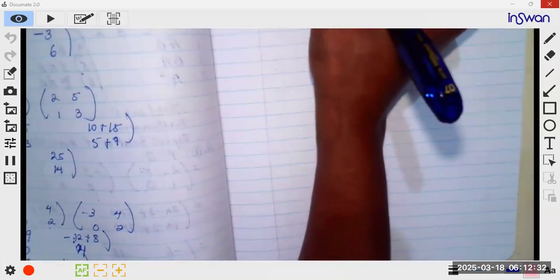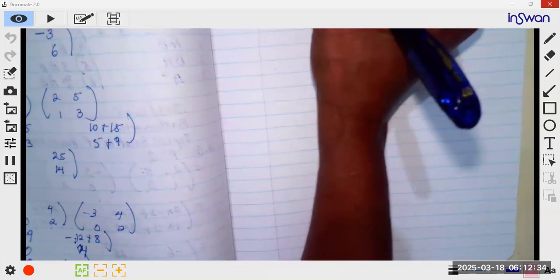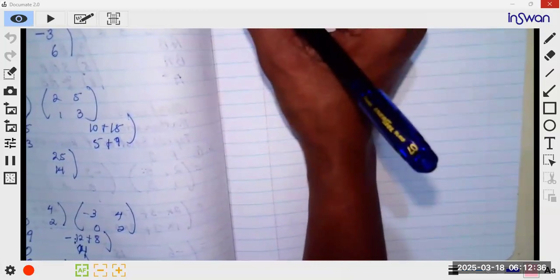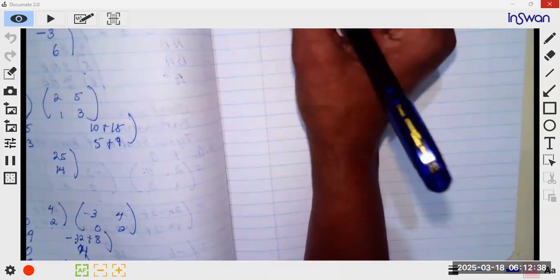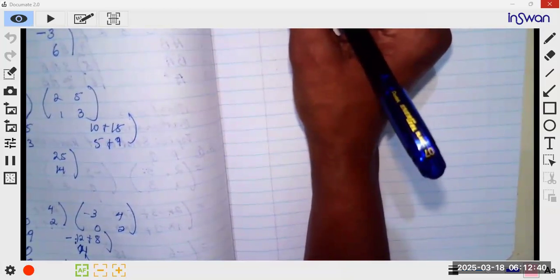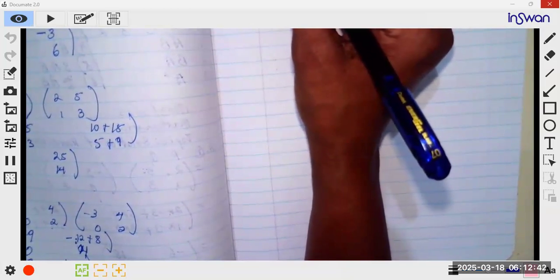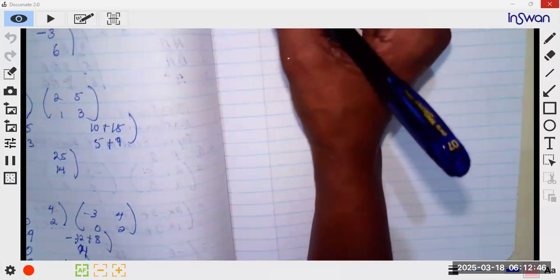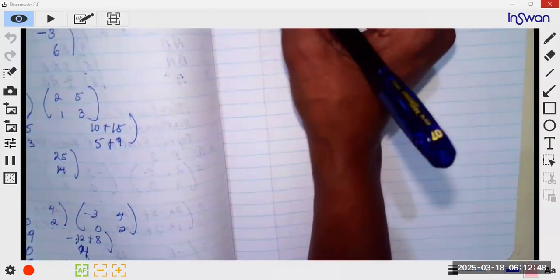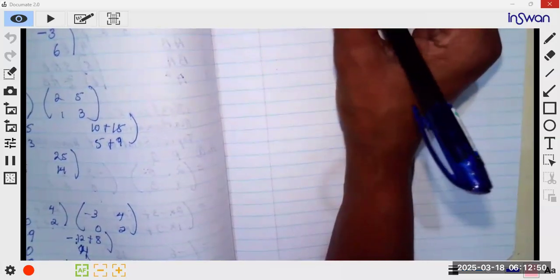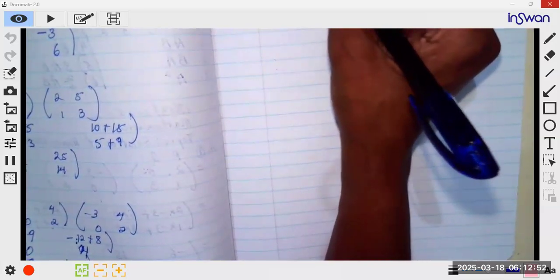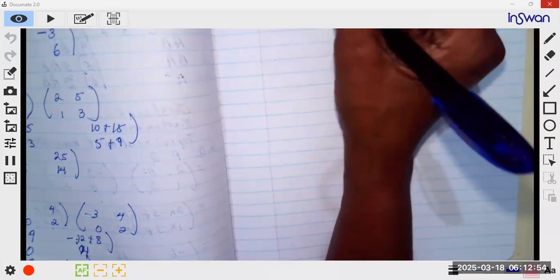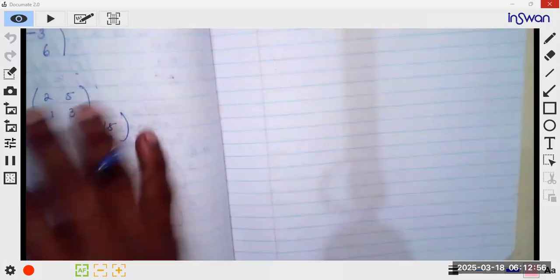We know what PQ is: minus 6, 18, minus 3, 10. So this will be minus 12. 18 times 2 will be 36. Minus 6 and 20. Understand that?